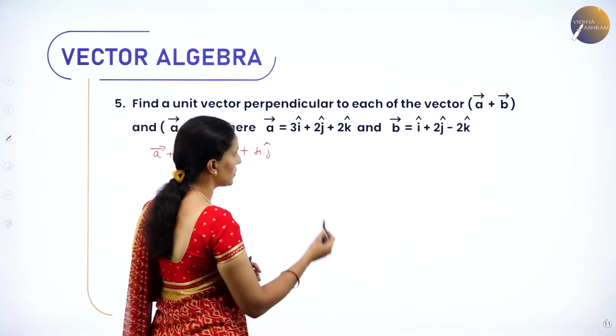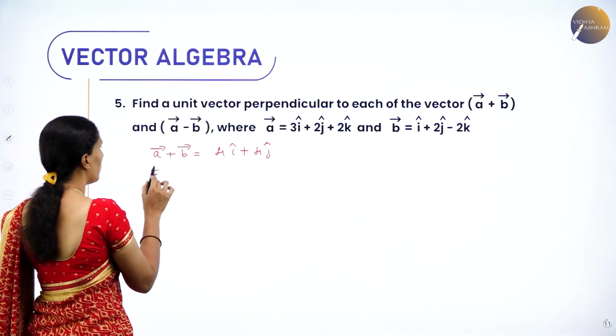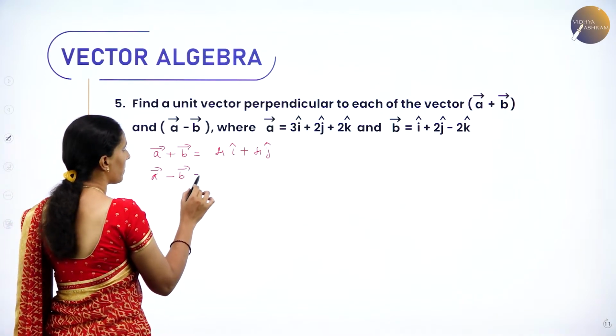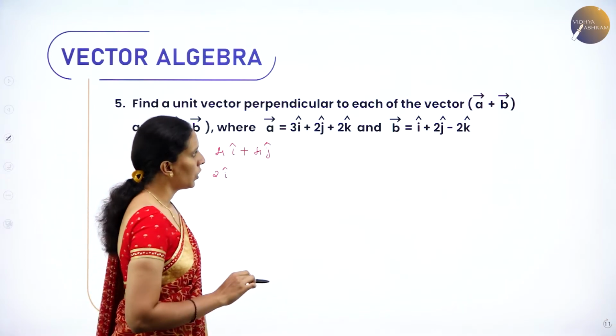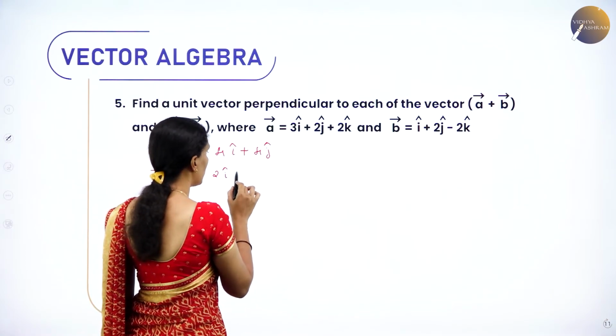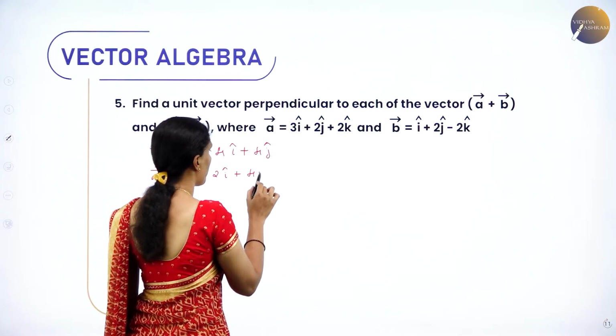Plus 2k minus 2k cancels because it's a sum. Next we will take vector A minus vector B. 3 minus 1, 2i. 2 minus 2, 0, so there is no j component. 2 plus 2 is 4k.